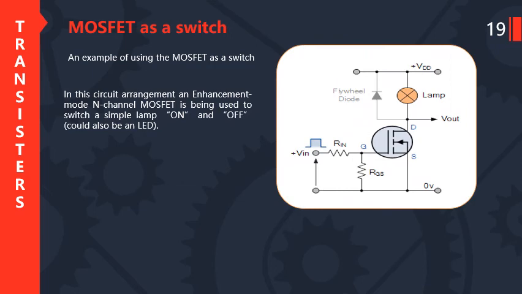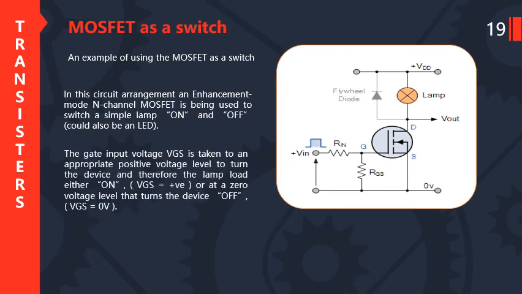In this diagram, we can turn the lamp on and off by using the N-channel MOSFET. इस सर्किट डायग्राम में हम क्या करने वाले हैं, ये सर्किट डायग्राम हमने बनाया है, इसमें हम एक लैंप है उसको ऑन एंड ऑफ करेंगे by using the N-channel MOSFET. So in this circuit arrangement, an enhancement mode N-channel MOSFET is being used to switch a simple lamp on and off. So this is the circuit diagram.